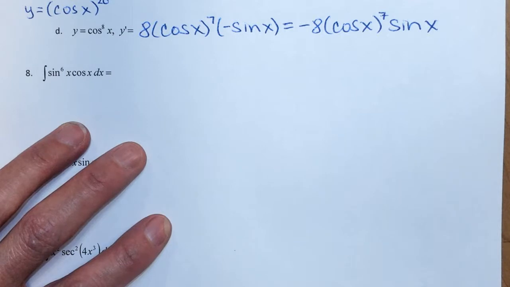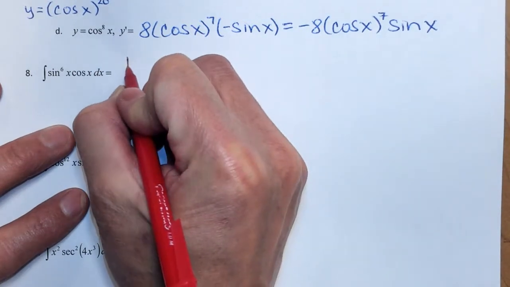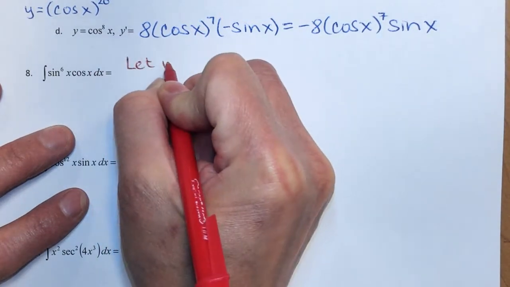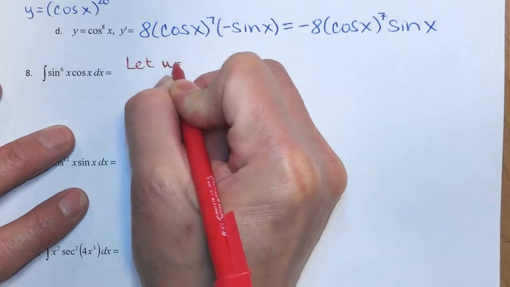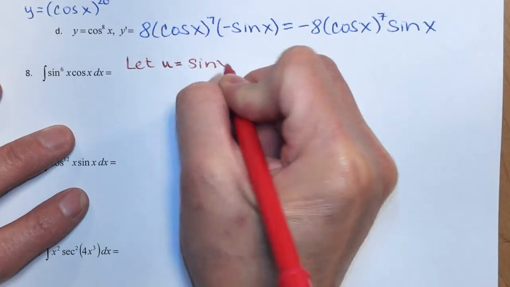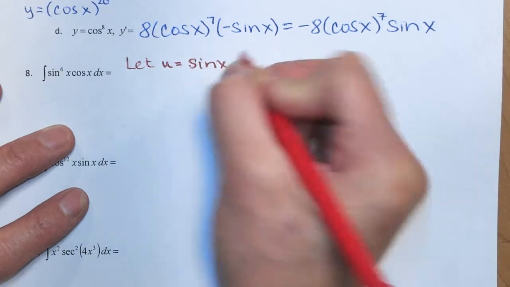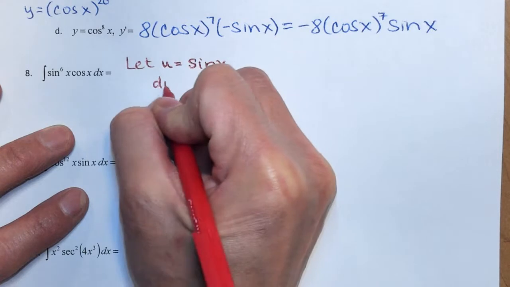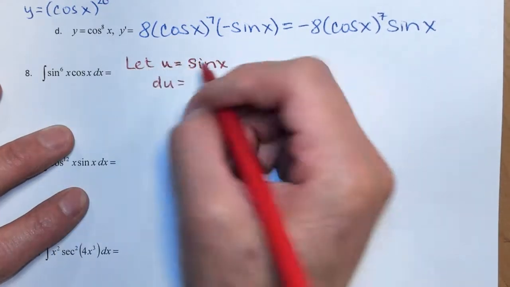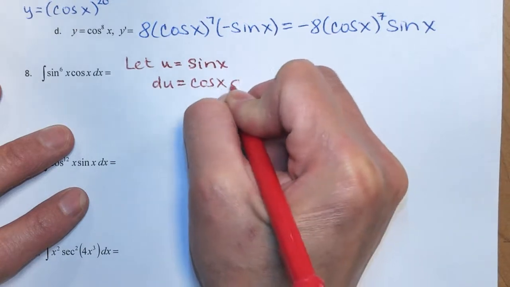Okay, so I'm going to do a u-substitution again here. What do I want to make u? I want to make u equal the function. So u is going to be sine x. And then I'm going to take the derivative, du, and I should get the other term. So this is cosine x dx.